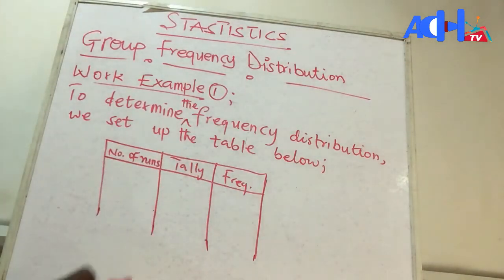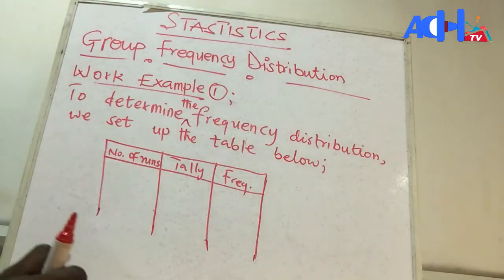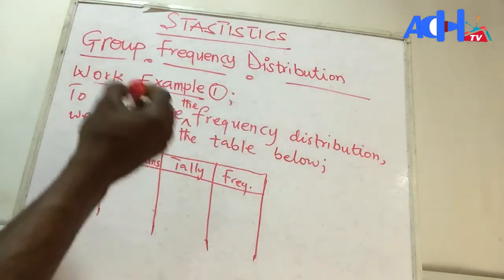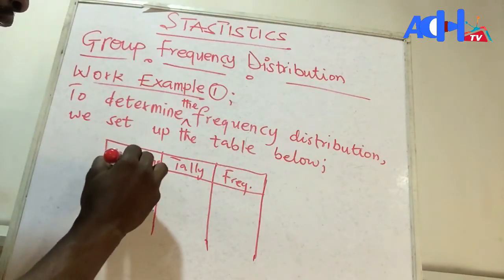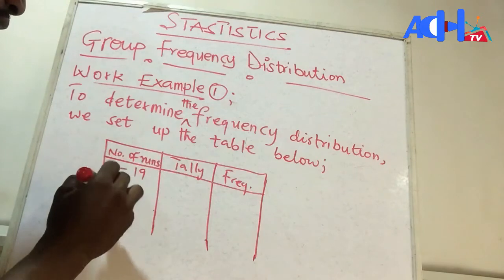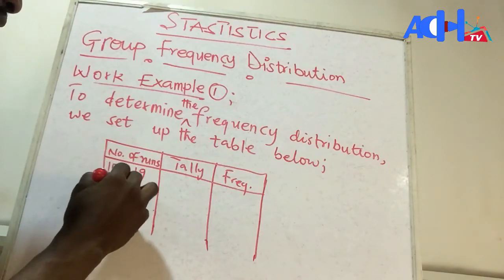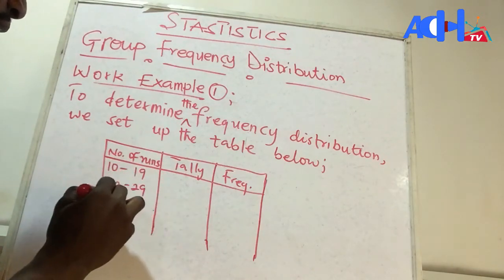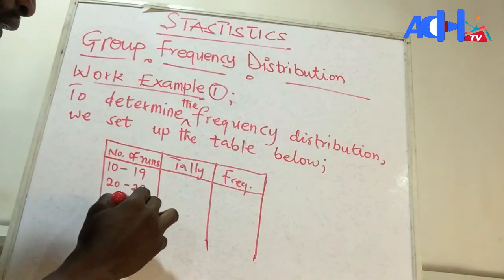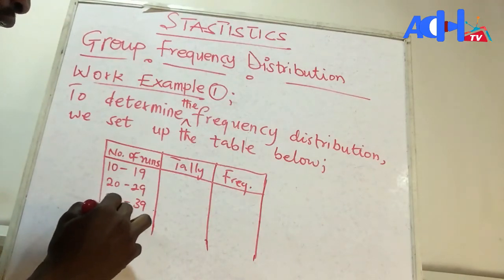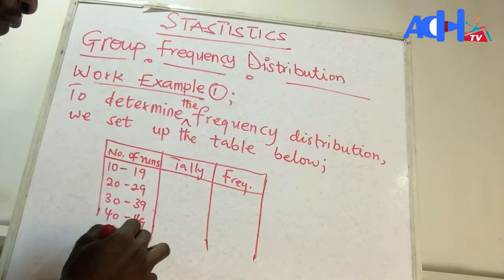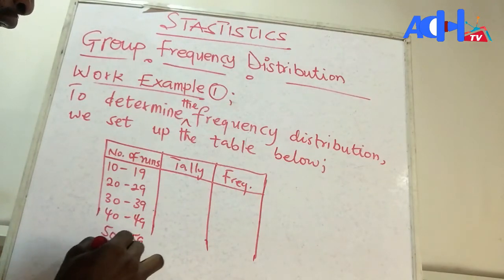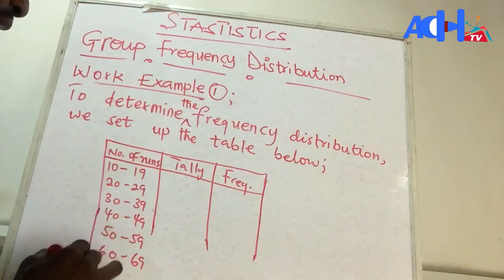Since our interval is 10 and the number of classes is 6, we go from 10 to 19, then 20 to 29, 30 to 39, 40 to 49, 50 to 59, then 60 to 69.